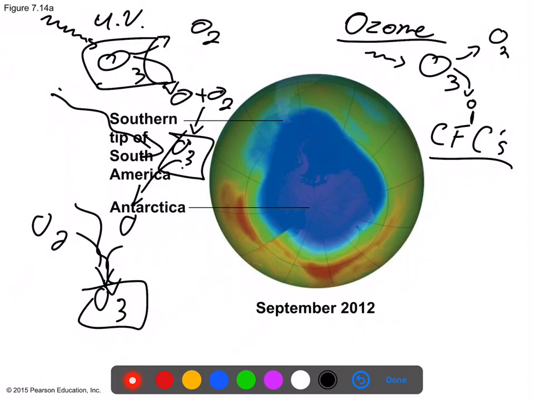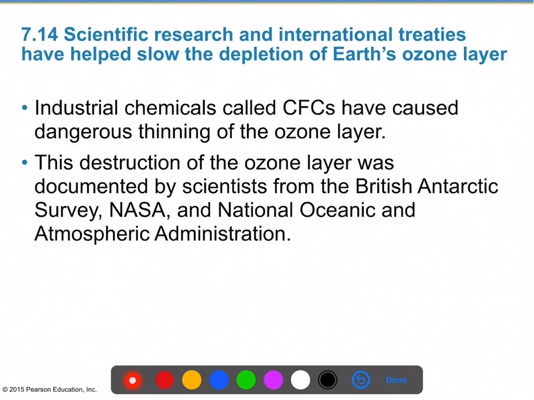Remember that UV strikes O3 and breaks it into oxygen and a free oxygen? Well, CFCs would bind to that oxygen, and when they bind to it, they won't let go of it. And by not letting go, we cannot regenerate what? O3. So we were putting so much CFCs in the atmosphere that we started noticing a thinning of the ozone layer that protects us from UV rays.